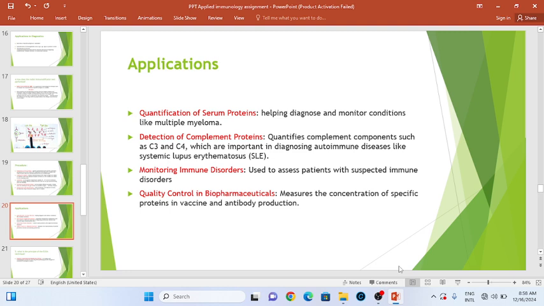Third one is monitoring immune disorders, where it is used to assess patients with suspected immune disorders. Fourth one is quality control in biopharmaceuticals. Immunodiffusion can be used for measuring the concentration of specific protein in a vaccine and in antibody production.